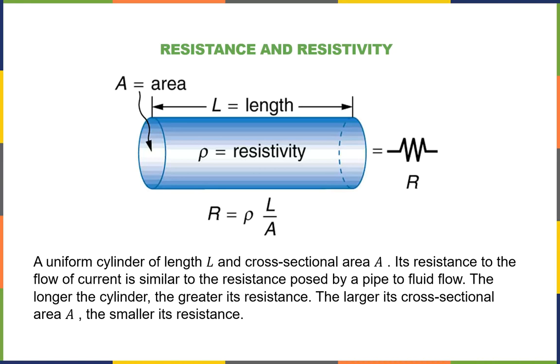So you have something like rho equals rho 0 times 1 plus alpha T, where alpha characterizes how it changes with temperature. That's really important for things like light bulbs. The resistance of the filament of a light bulb when it's cold is very different than when it's hot, because it's a very big temperature change.